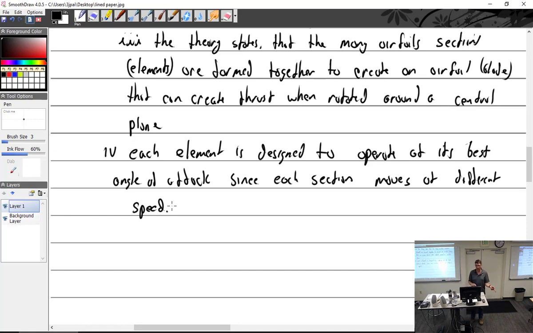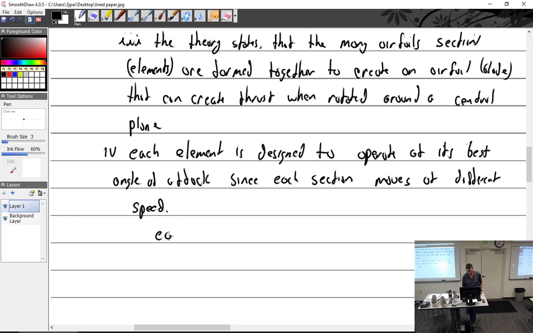It's the same RPM. If the prop is moving at 500 revolutions per minute, every single part of it is going around that circle 500 times in 1 minute. But out here at the tip, it's moving a lot faster in miles per hour than it's moving here. So everything's moving at a different speed, same RPM.